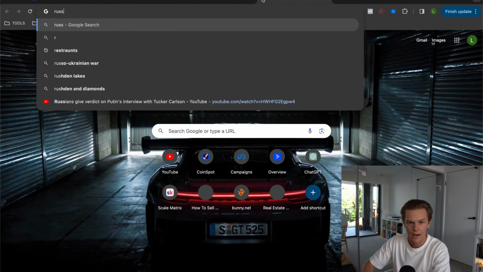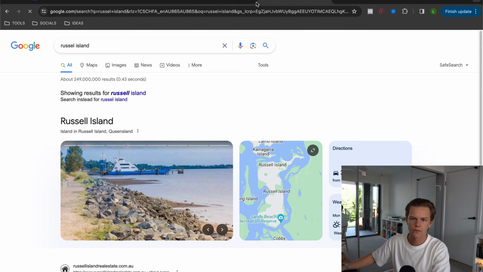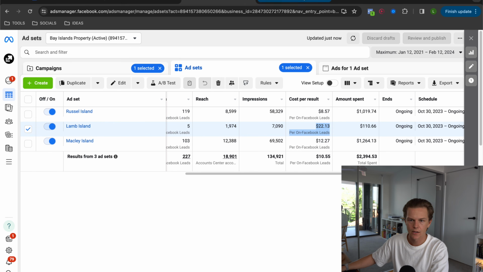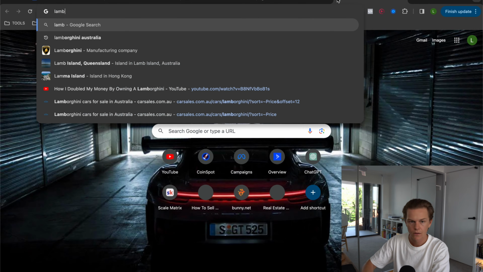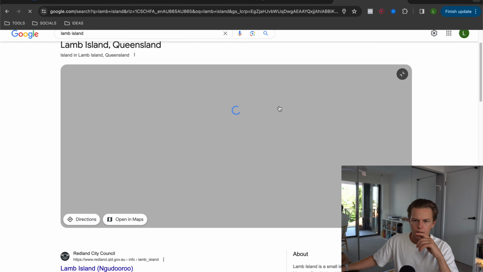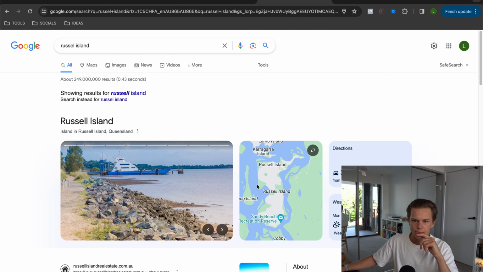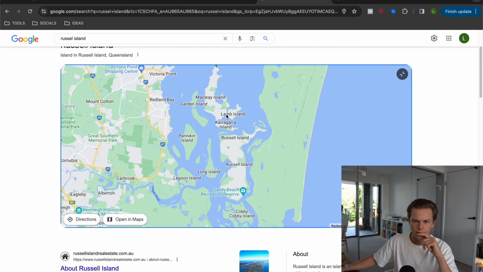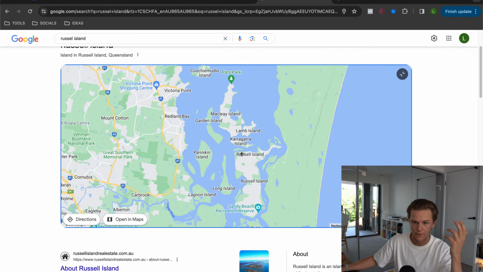Let's just have a look at how far away these places are geographically. So we've got Lamb Island here, and we've got Russell Island here. So these are literally just, I don't even know how far that is, but it's not far. These are just right next to each other.